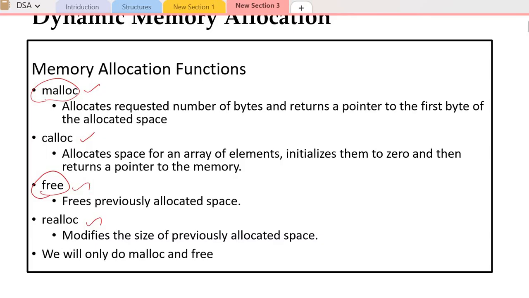Malloc is used to allocate the memory, and free is used to release the memory, that is, to free the corresponding memory space for the given variable.